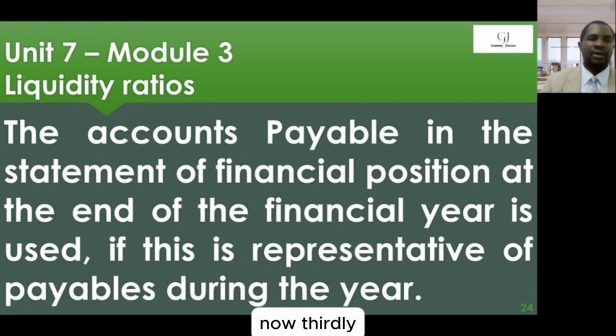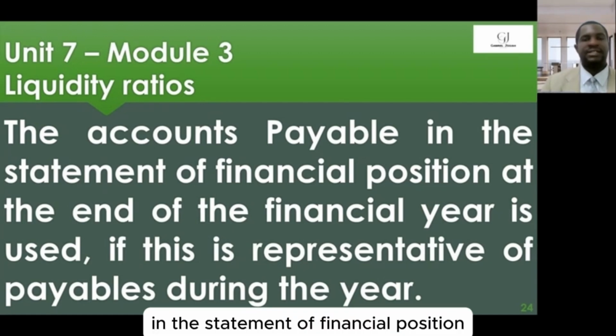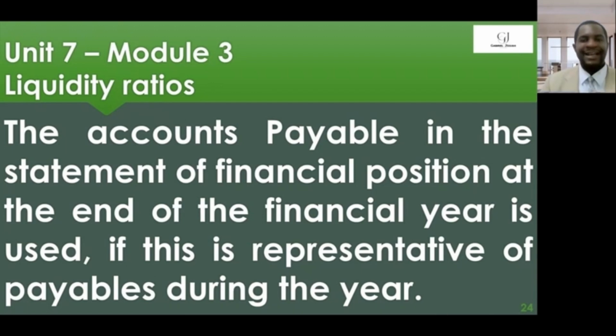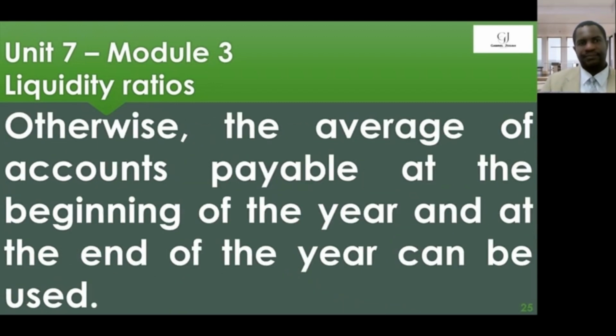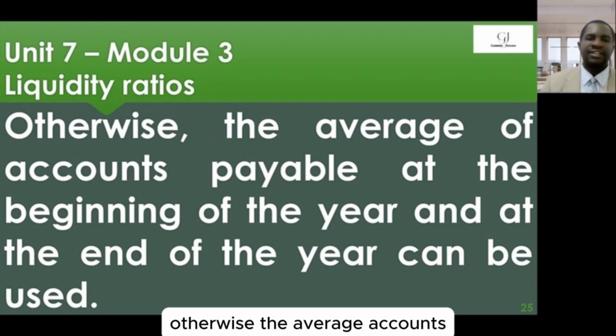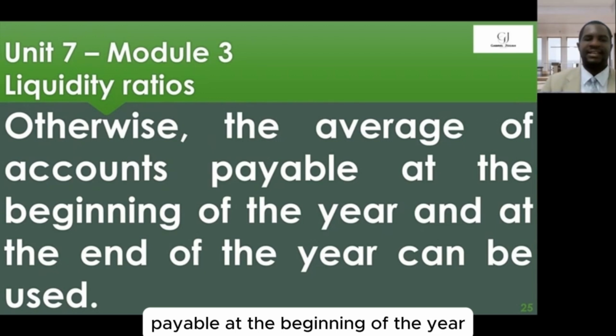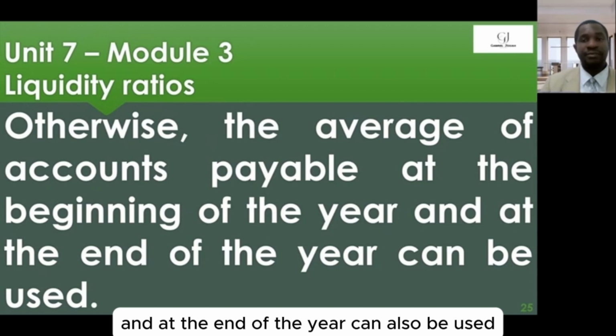Now, thirdly, you have the accounts payable in the statement of financial position at the end of the financial year, which is also used if this is representative of payables during the year. Otherwise, the average accounts payable at the beginning of the year and at the end of the year can also be used.